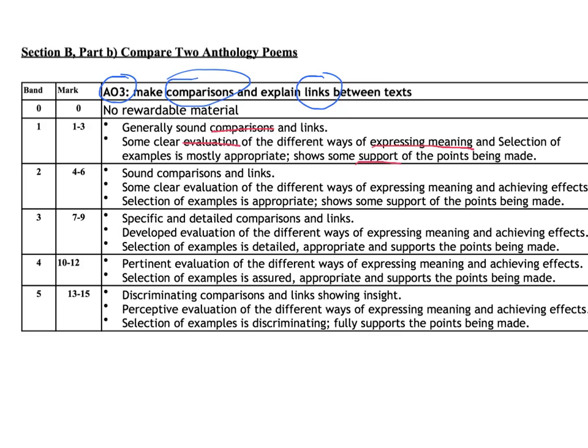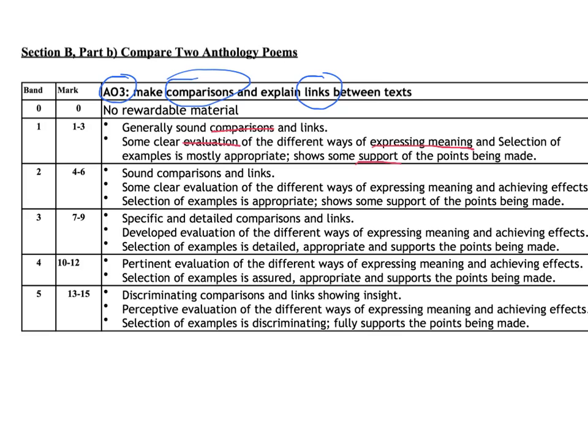You will notice there's only 2 bullet points in that first band. However, there are 3 things they're looking at: comparison, how you evaluate the expression of meaning, and the support that you give it. The reason there's only 2 is that you wouldn't necessarily quote. Whereas with the others, you'll see as you go up, then it generally does.